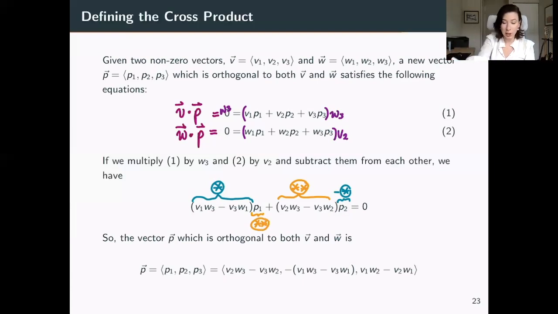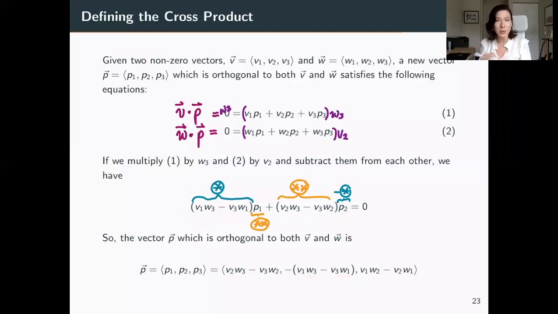I'm essentially just matching up these two terms so that they will cancel out to 0. So we would have that P1 is going to be star star, V2 W3 minus V3 W2. And our P2 term is going to be the negative of V1 W3 minus V3 W1, as seen here.